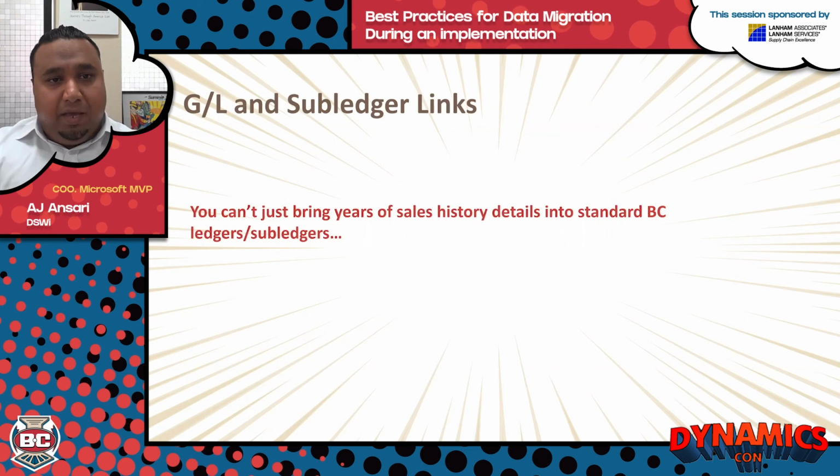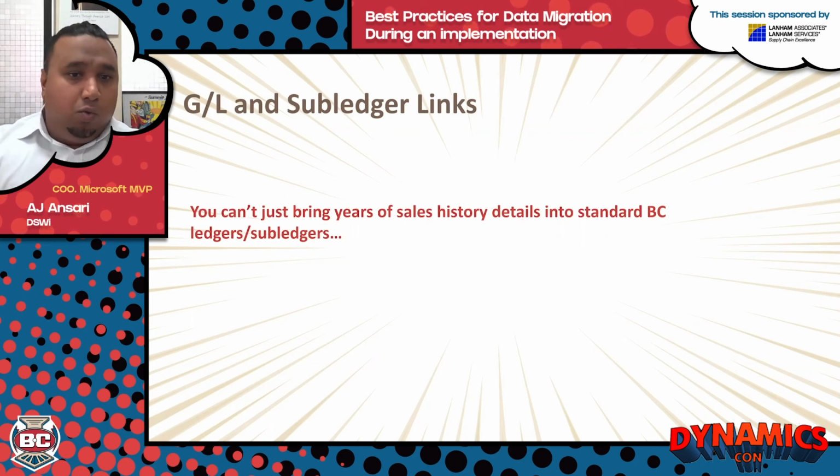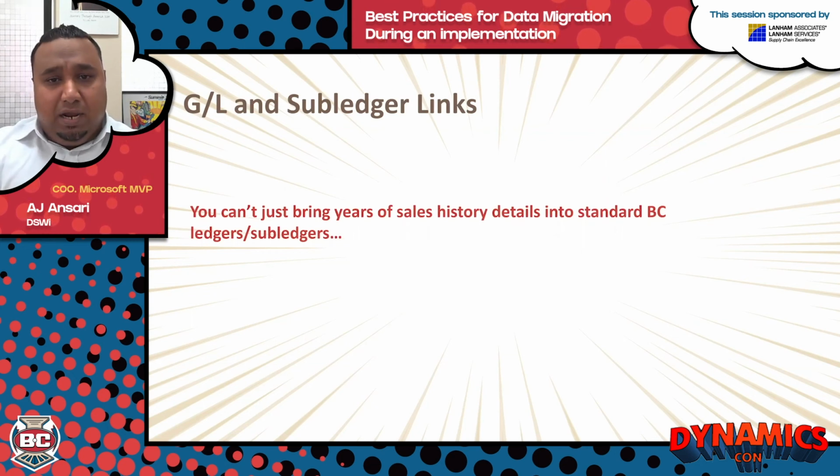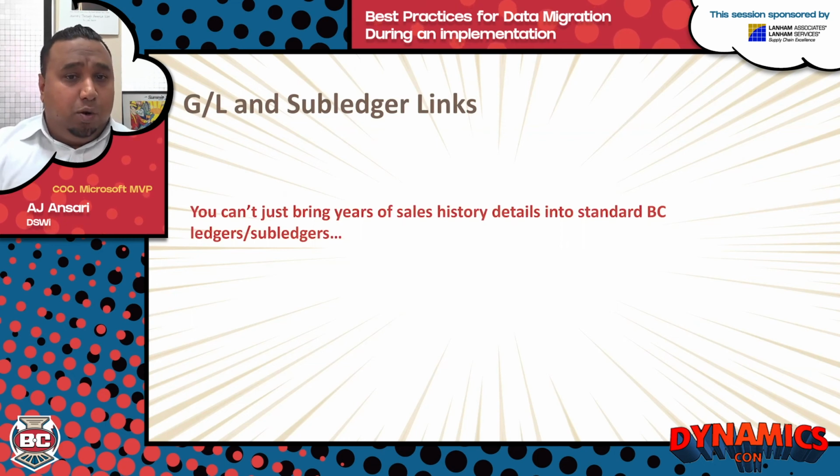So because we can't break the general ledger and the subledger links in Business Central, one of two things must happen. Either you reconcile yourself to the fact that some of that information is not nearly as important as you think it is, and that you don't need it, or in a lot of cases, you may continue to have access to your old system, especially if it was not a subscription system, on old servers.